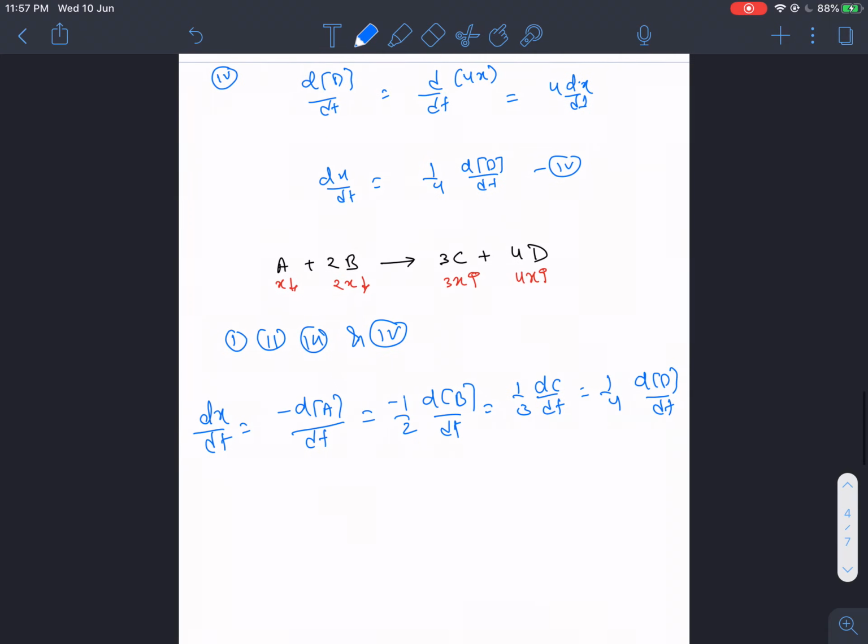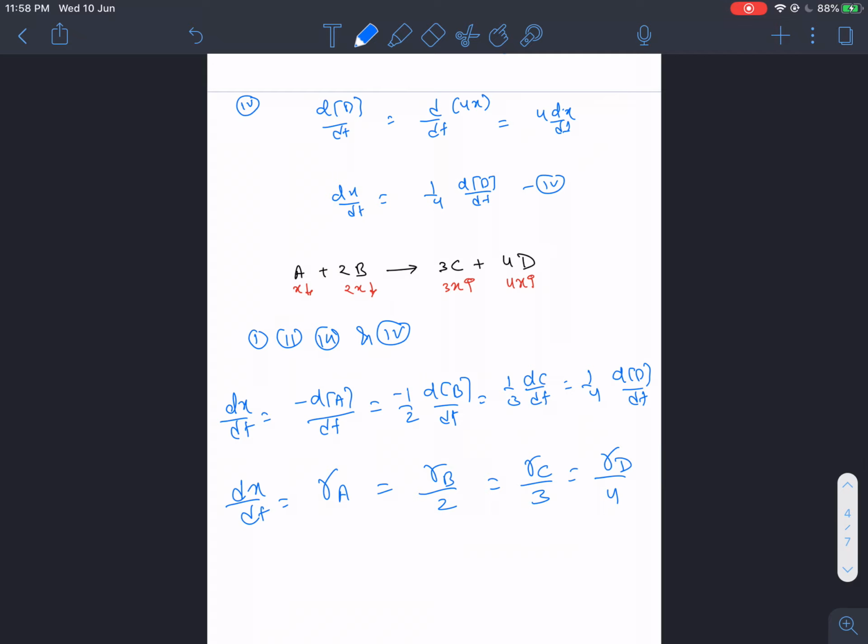So this is the rate of disappearance with a negative sign. This is appearance of C and this is appearance of D. So can I say that dx by dt is nothing but the rate of disappearance of A, and dx by dt is just half of the rate of disappearance of B, is equal to the rate of production of C by 3, and is equal to 1 by 4th of the rate of production of D.